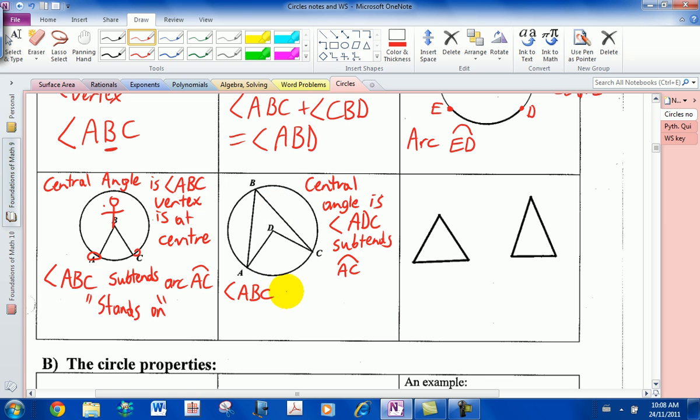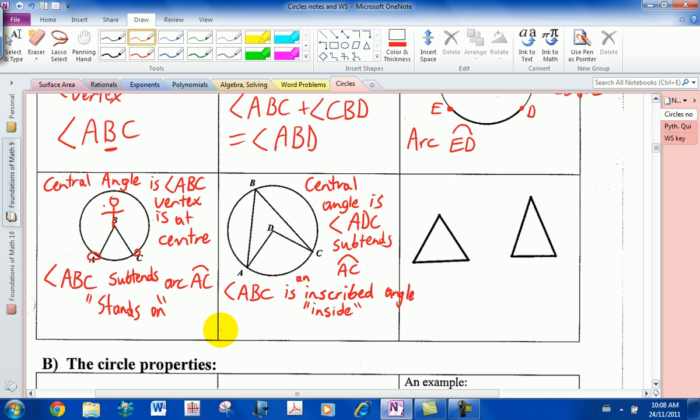So angle ABC is an inscribed angle. Sorry about my poor English. Inscribed is kind of the math word for inside. It's scrunched up inside the circle. The edges are touching. Okay.